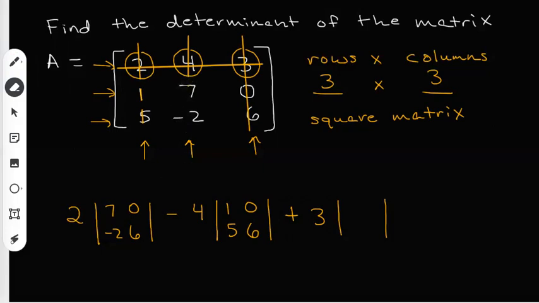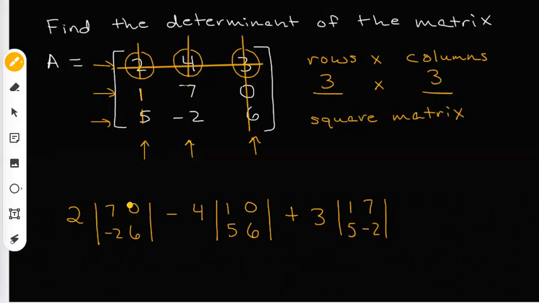So now, what numbers am I left with? I'm left with a 1, a 7, a 5, and a -2. So I put those right here. Okay, so now I'm ready to do the math.